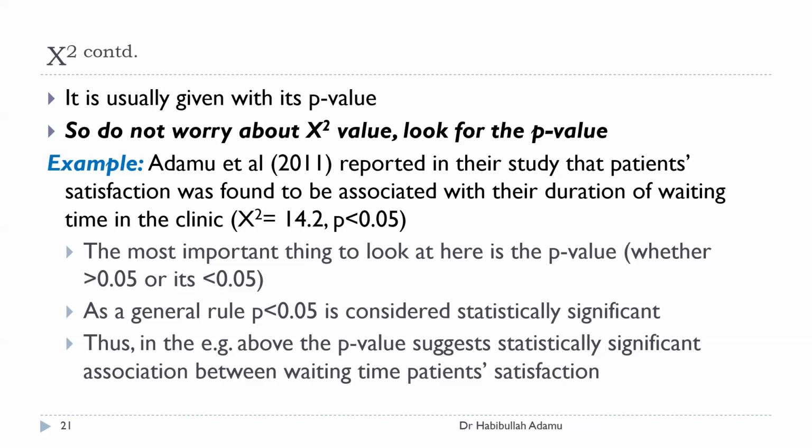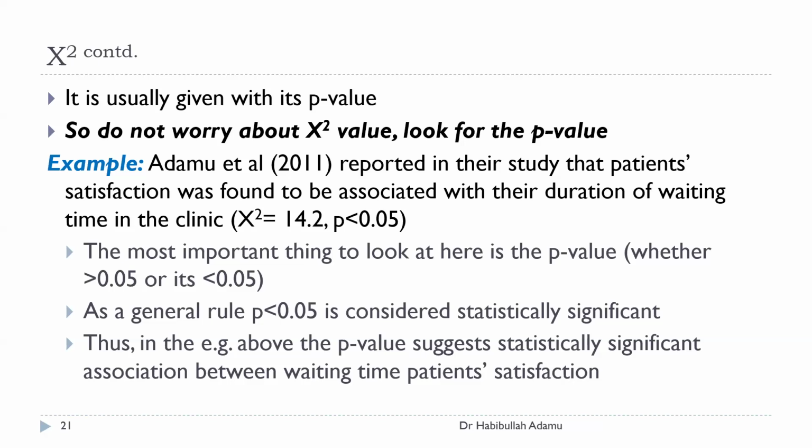Statistically significant. If you are testing for poverty, and your p-value is less than 0.05, it means there is statistically significant poverty. If you are testing for happiness, the p-value is less than 0.05, your conclusion should be what? There is statistically significant happiness, and so on and so forth.